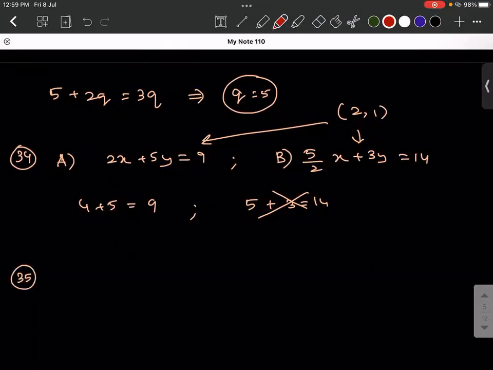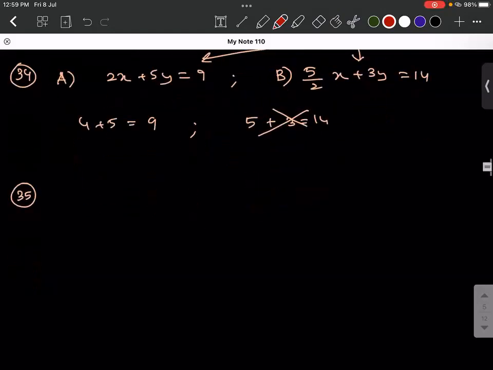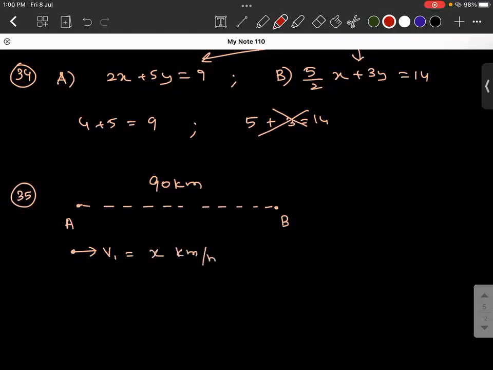35. Points A and B are 90 kilometers apart from each other on a highway. This is a good problem. A car starts from A with a speed of X kilometer per hour, and another starts from B with a speed of Y kilometer per hour.